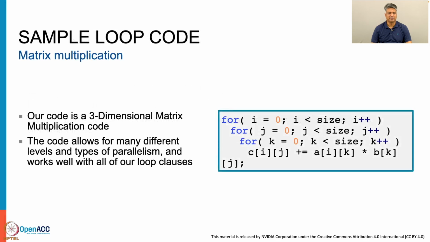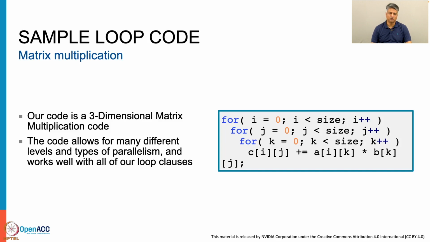Here is a simple example of matrix multiplication. Here you will see a nested loop of 3 dimensions. The matrices themselves are 2-dimensional, but if you look at the loop indexing, it has to become 3-dimensional because of the nature of the mathematics of matrix multiplication.